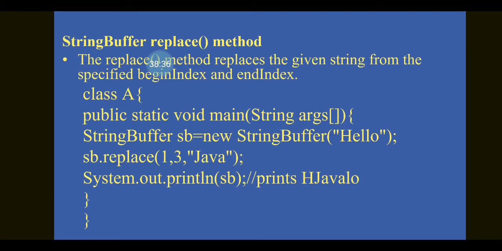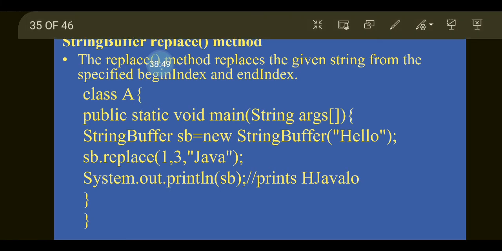And replace. In order to replace a particular portion, we can use the replace method, sb.replace(1, 3, "java"), which means that at position 1, e will be replaced by j, and at position 2, l will be replaced by a. Here also the end index is exclusive, so 3 minus 1, up to position 2, the replacement will take place.